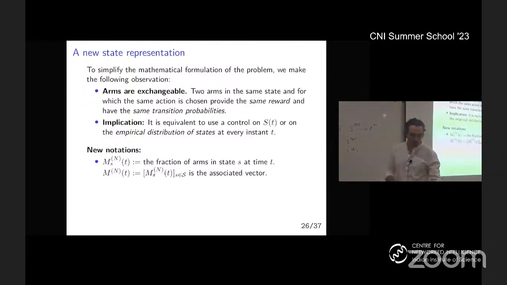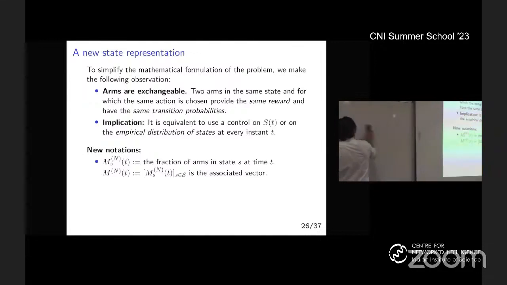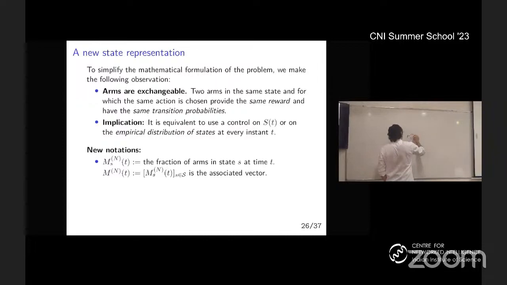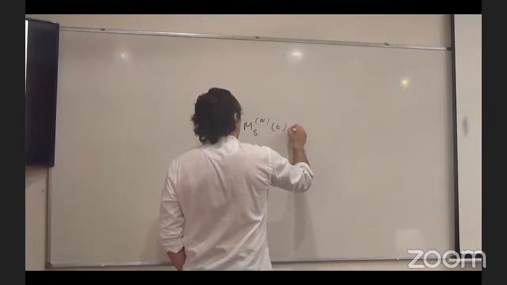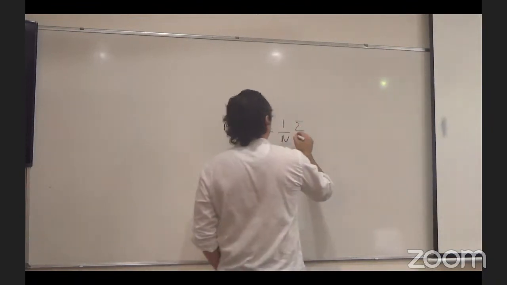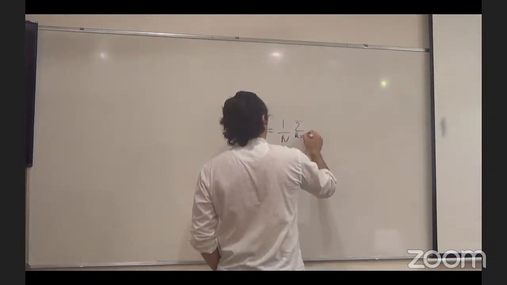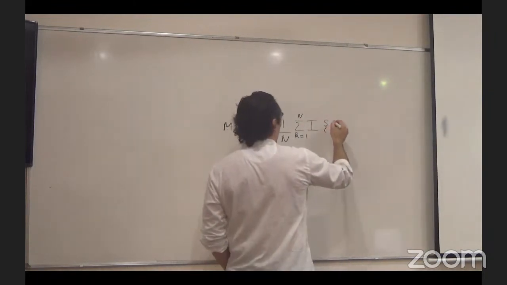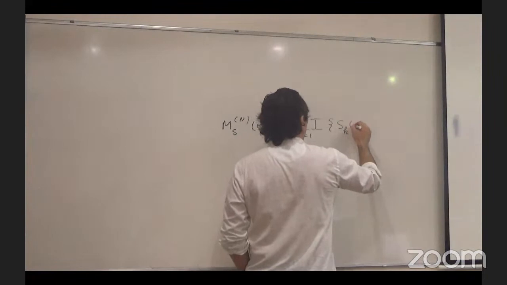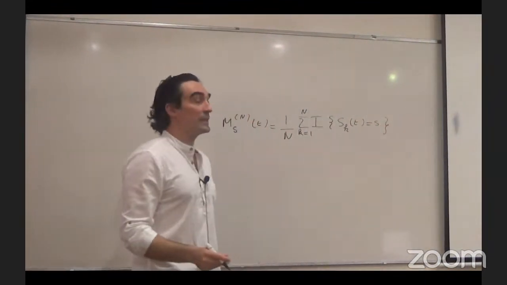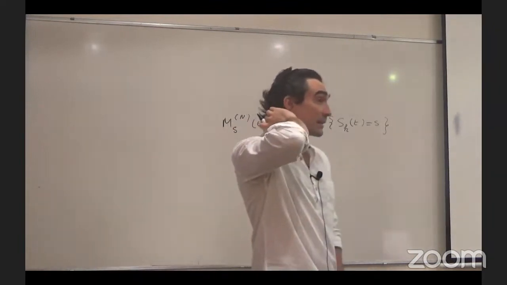Another definition of m^S_N of t is just the summation from k equals 1 to N of the indicator that arm k at time t is in state S. So this is just the empirical distribution of the states.